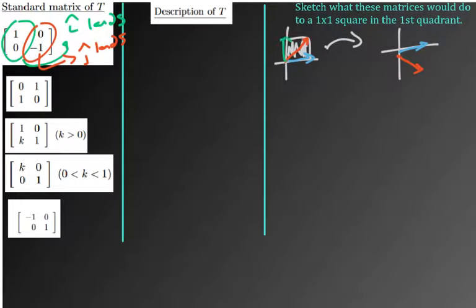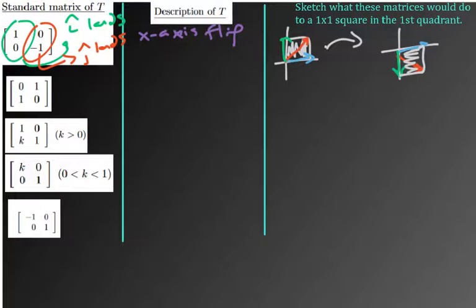This vector, which is truly j hat, would flip to here. And so you would get this little square after the transformation. You can see that basically what that means is this transformation T is like an x-axis flip.